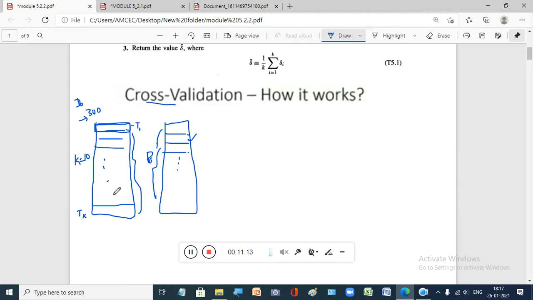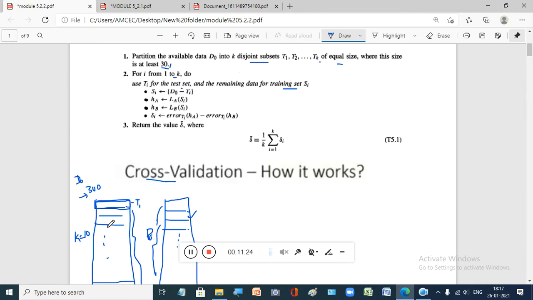So we use Ti for test data and the remaining data for the training set Si. So what is this Si now? Si is equal to D0 minus Ti. So from all your sample data points D0 minus this one, that means the remaining 9 will be considered as your training set.